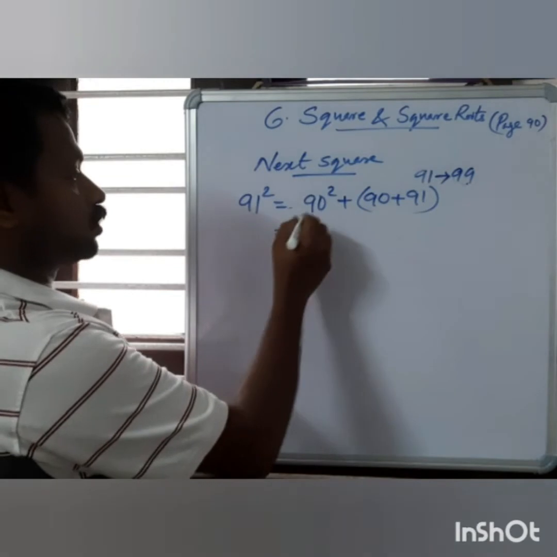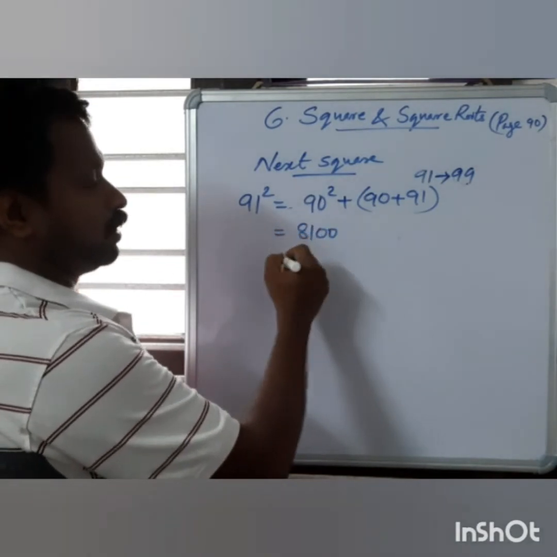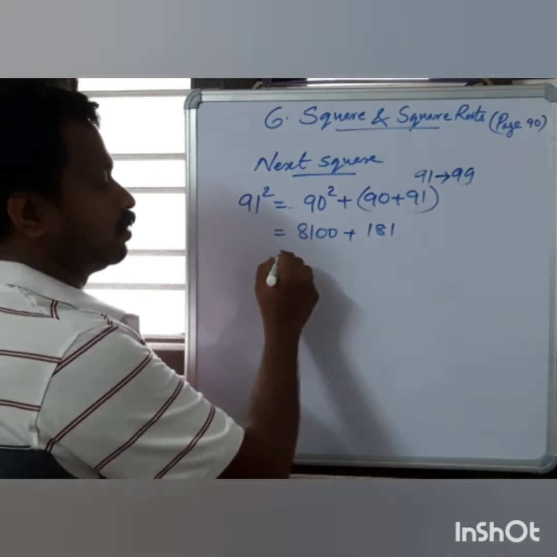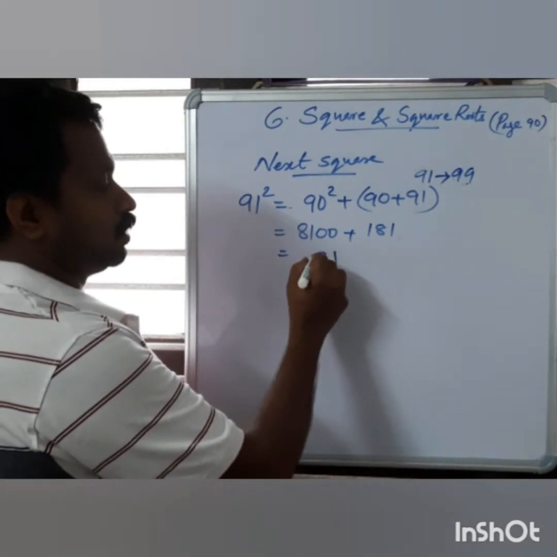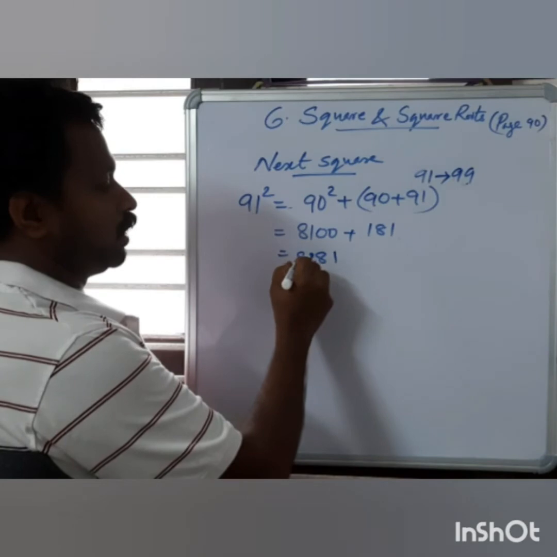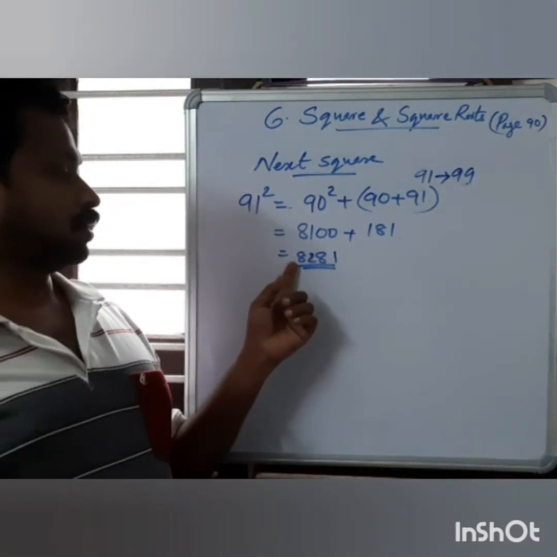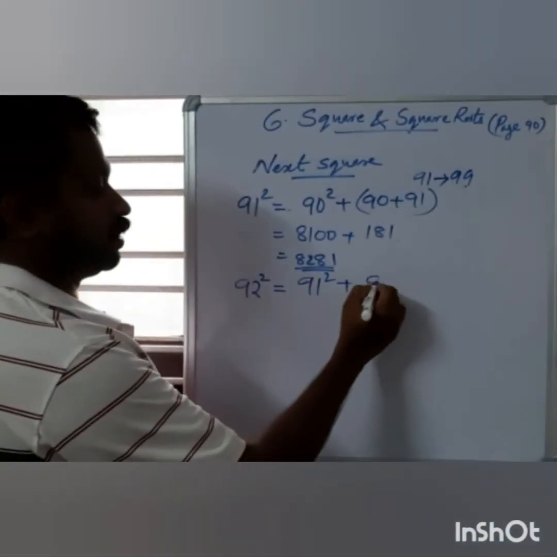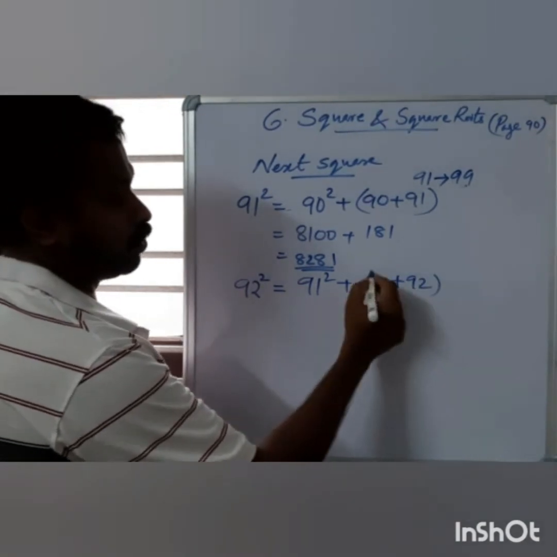So 9 square is 81, 8,100 plus this is 181. So we get 8,281.